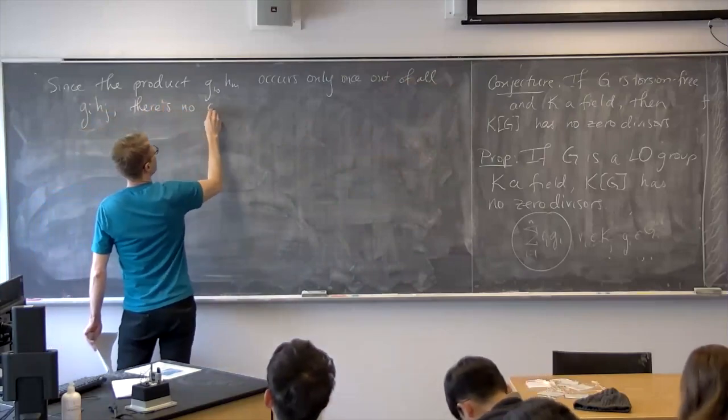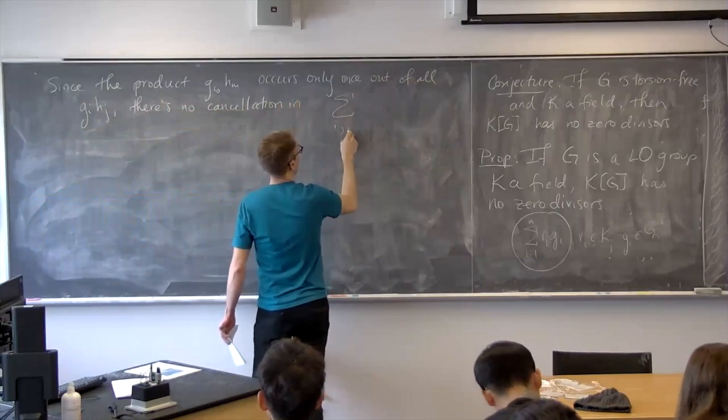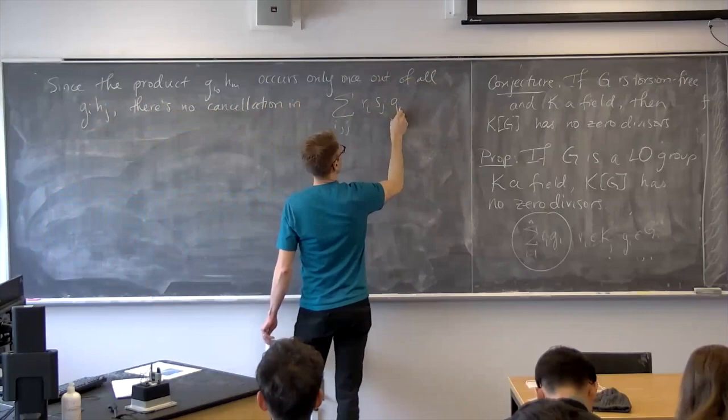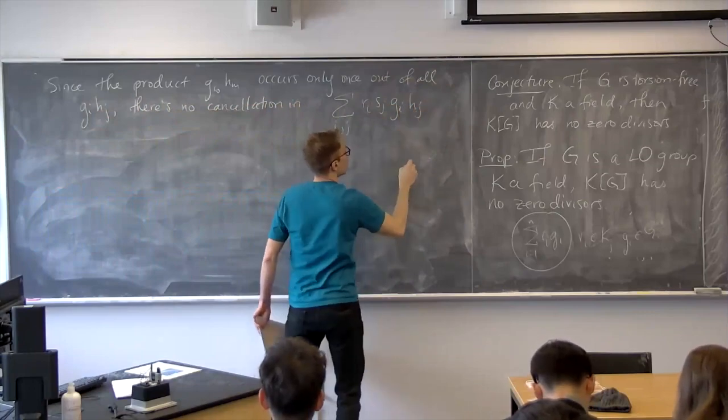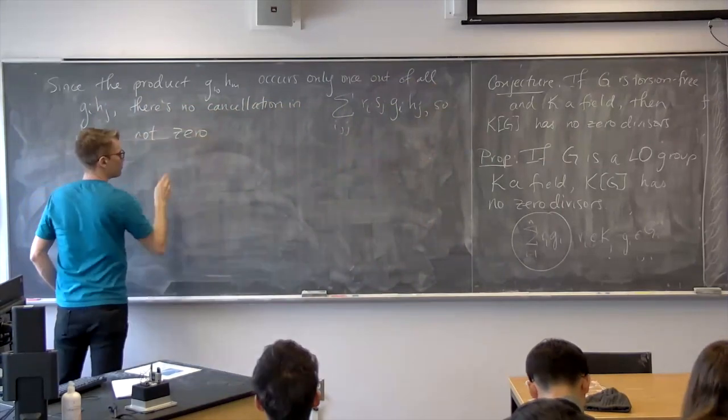There's no cancellation in this big sum that I wrote. So this thing can't be zero because of the coefficient of this thing.